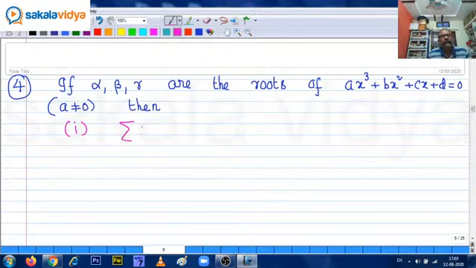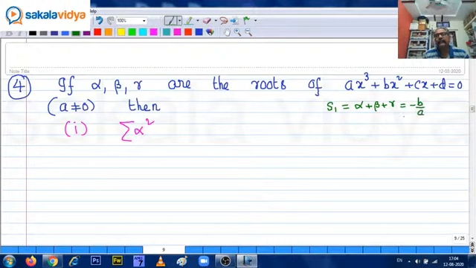Sigma alpha square. See, one proof I will give. Rest of the proof just remember, because we don't have the time. Rest of the thing you can prove yourself. Sigma alpha square, for example, you are asked. First you write down here S1. S1 means alpha plus beta plus gamma, that is minus b by a.